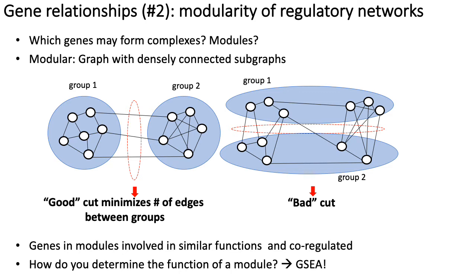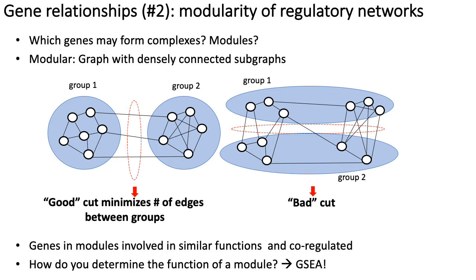And then essentially these approaches define a score that says, given a proposed grouping of the nodes of my graph into different communities or groups, how good of a division are these different groups?